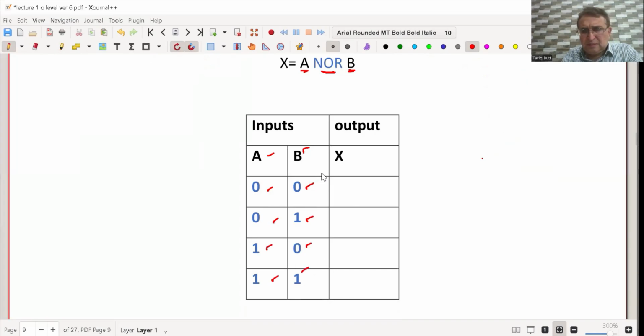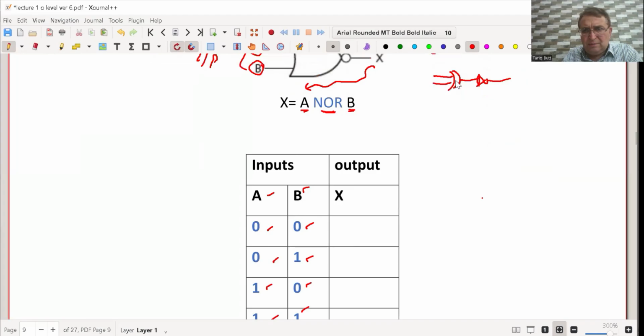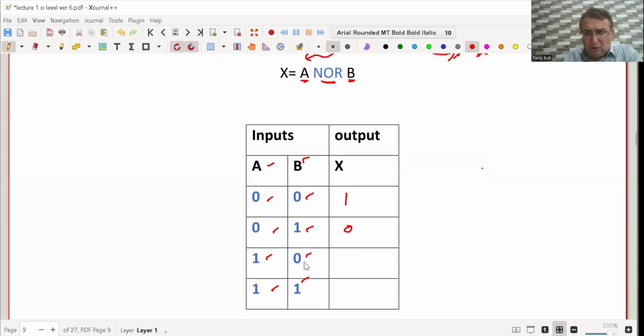So output is, first you have to OR them followed by inversion. So 0 OR with 0 is 0, and then we have to invert it. So output is 1. 0 OR with 1 is 1, and then you have to invert it. It will be 0. 1 OR with 0 is 1, and then invert it, 0. 1 OR with 1 is 1, and then invert it to 0.